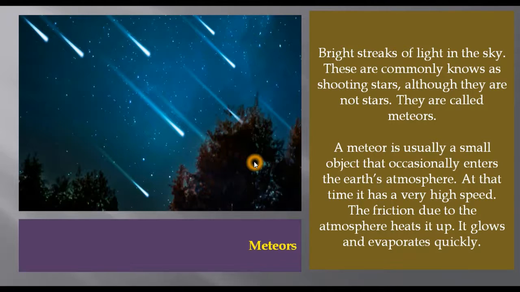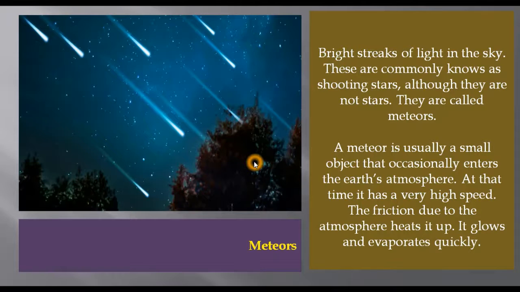So, students, as I told you, when meteors enter the Earth's atmosphere, they start burning. And most of the meteors are small and they burn up completely on entering the atmosphere. And then they fall on the earth in the form of dust. But if, however, a meteor is big, then a part of it may reach the earth's surface without being burned up in the air.